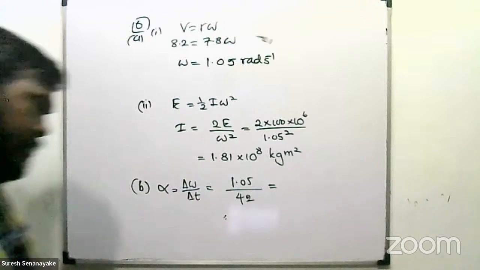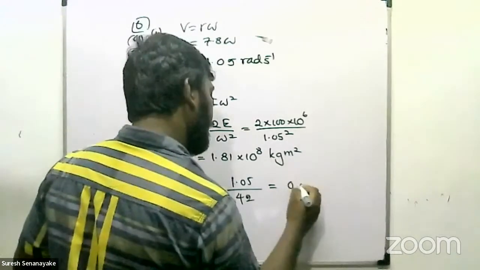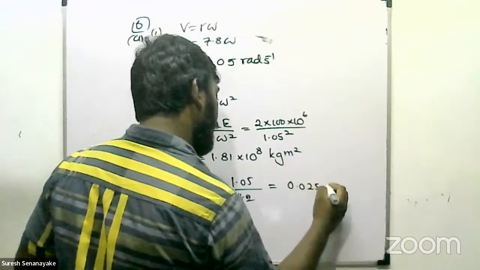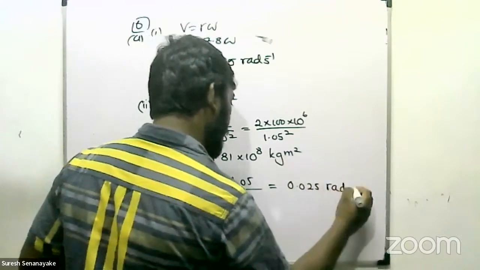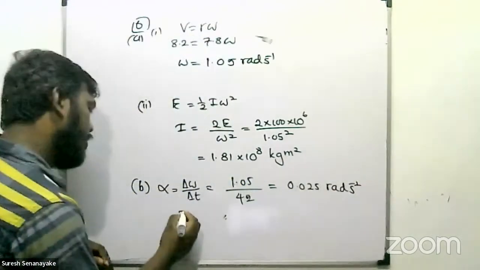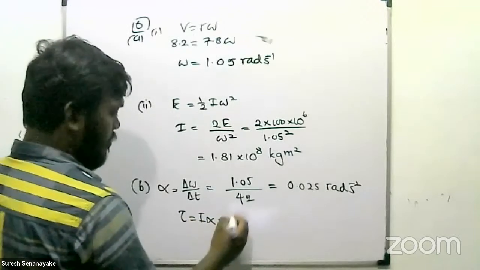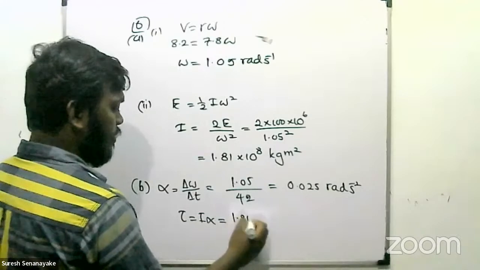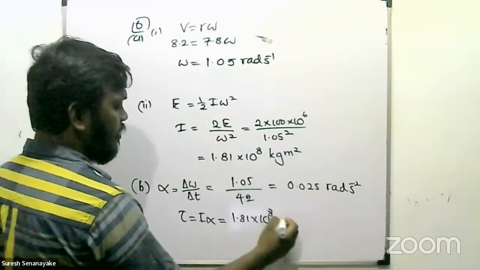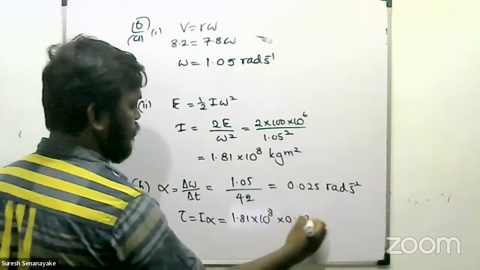It is 0.025. The torque you can find by applying I alpha, 1.8 into 10 to the 8 times 0.025.